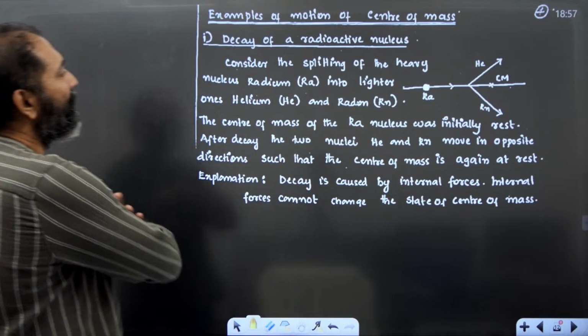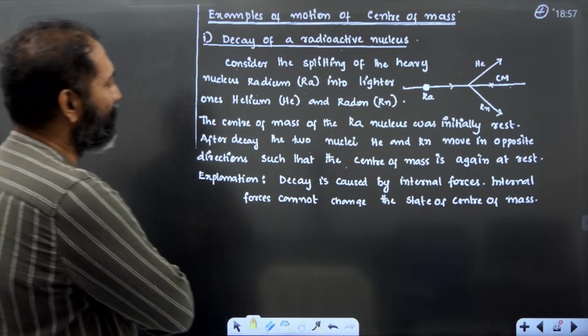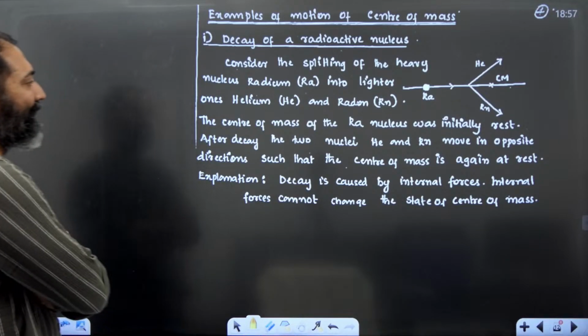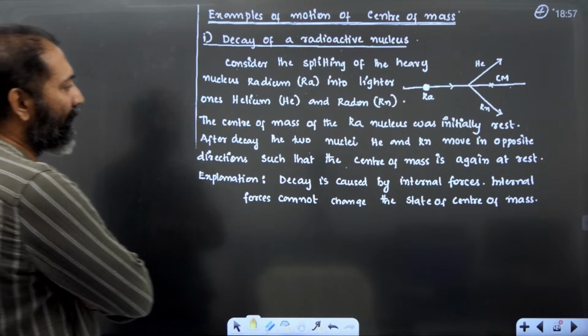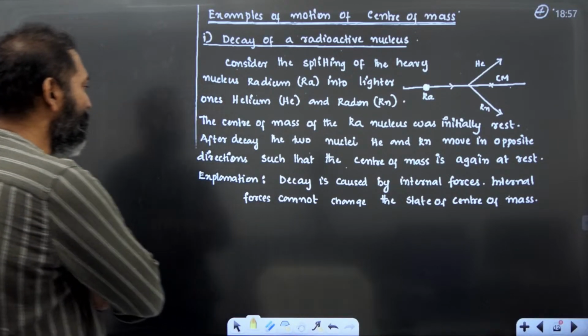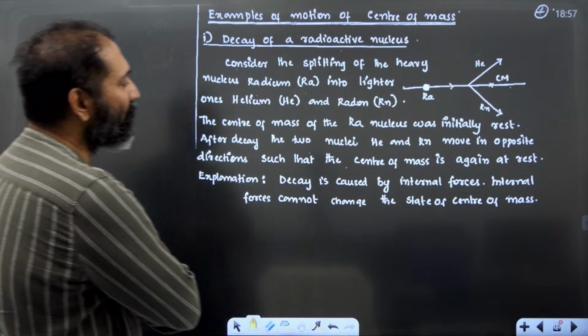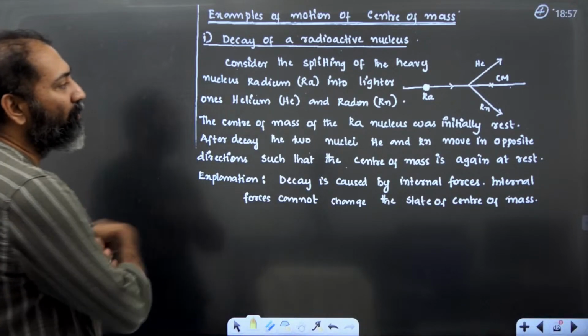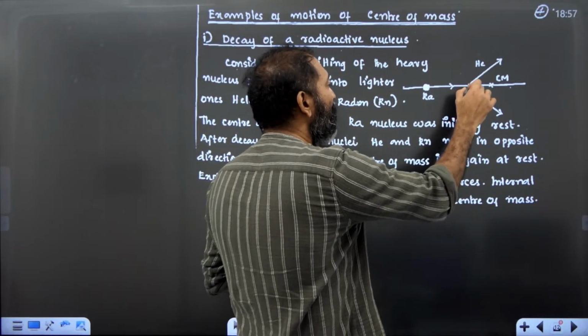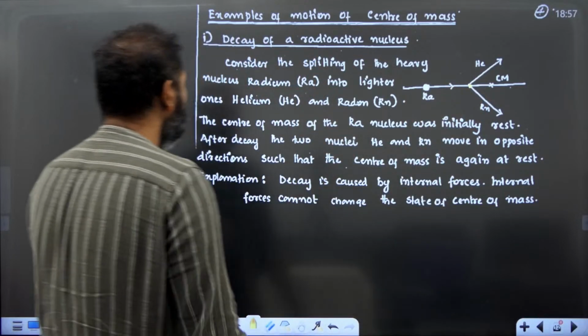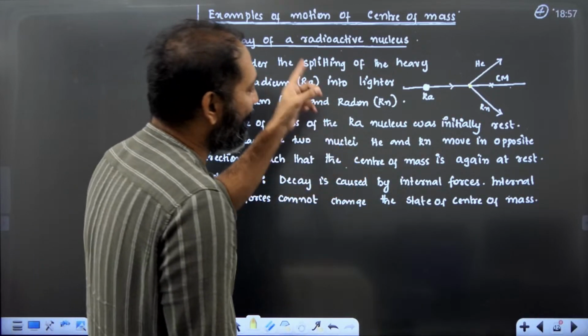Consider the splitting of the heavy nucleus radium, Ra, into lighter ones, helium and radon. The center of mass of the radium nucleus was initially at rest. After decay, the two nuclei, helium and radon, move in opposite directions. Still, the center of mass will be at the same position, again at rest.